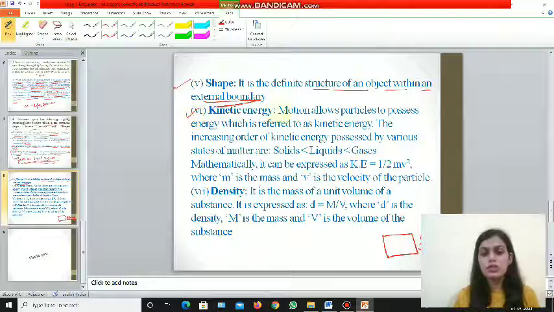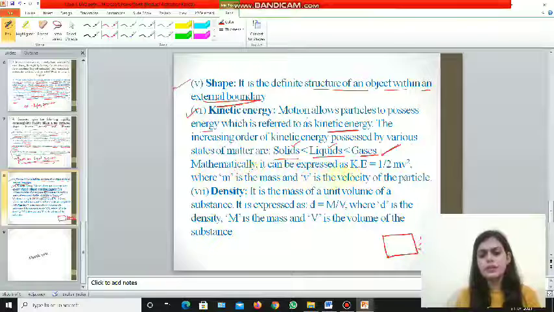What is kinetic energy? Motion allows particles to possess energy, which is referred to as kinetic energy. In increasing order, the kinetic energy possessed by the various states of matter is solid, liquid, and gas. Gas particles have more kinetic energy than liquid, which has somewhat low kinetic energy, and solids have very low kinetic energy among the particles.